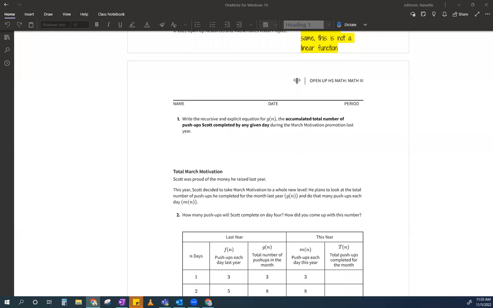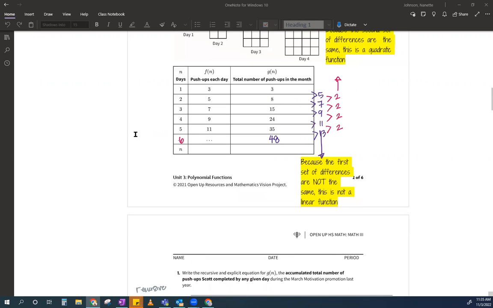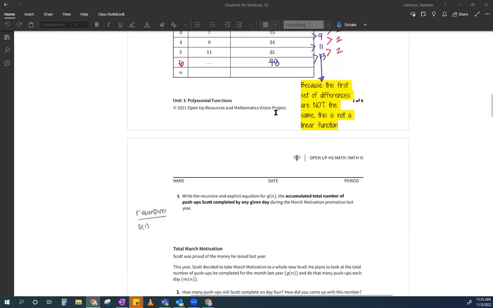Okay, here we go. So the recursive function has two parts. There's a starting point, and then there's the rest of it. Here's your starting point. On day 1, I've only pushed up 3 times, so f of 1 equals 3.